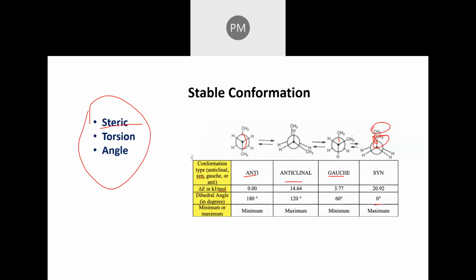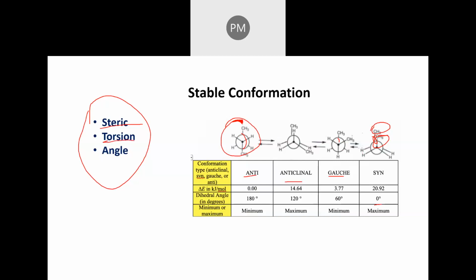So these two electron clouds are close to each other, and there will be repulsion. So the molecule is not stable in that conformation. It should try to reach the minimum energy, the most stable one, where the repulsion will be least. In that case the two methyl groups are far apart, so this will be our most stable conformation according to steric factor.